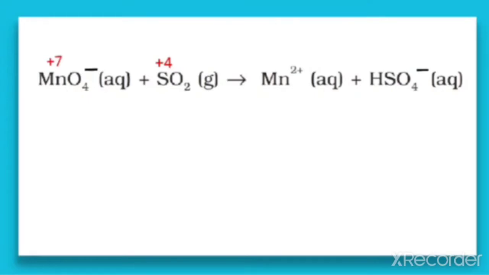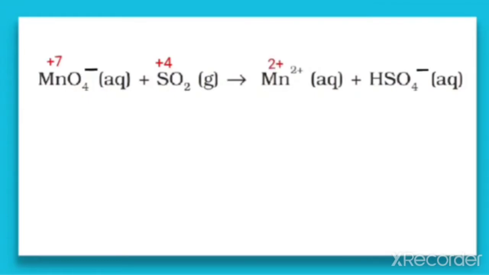Next, for Mn2 positive, because it is an ion, its oxidation number is equal to its charge. So +2 is the charge, therefore the oxidation state of Mn in Mn2 plus is +2.